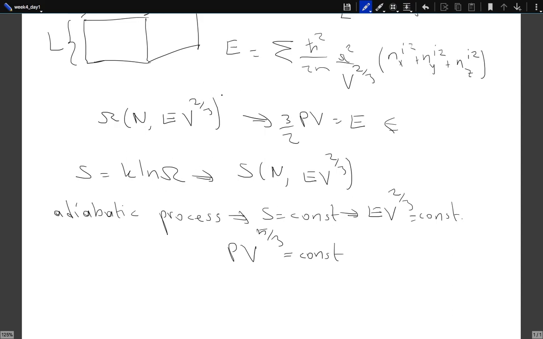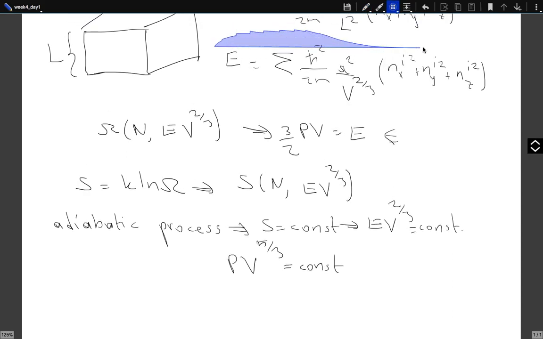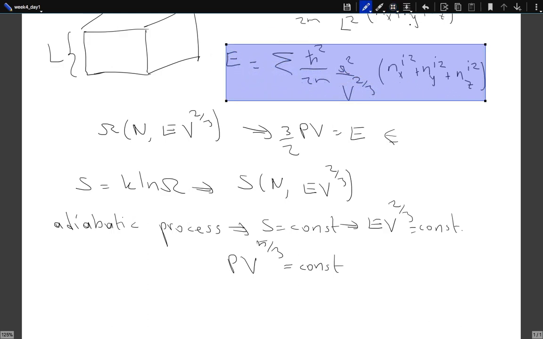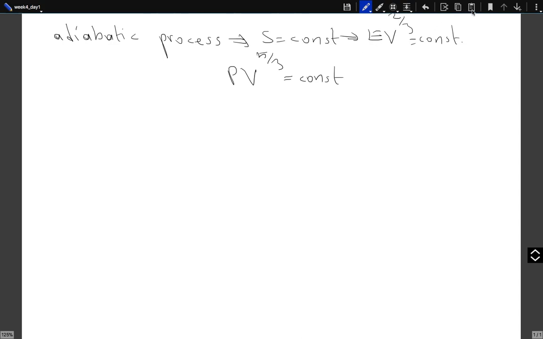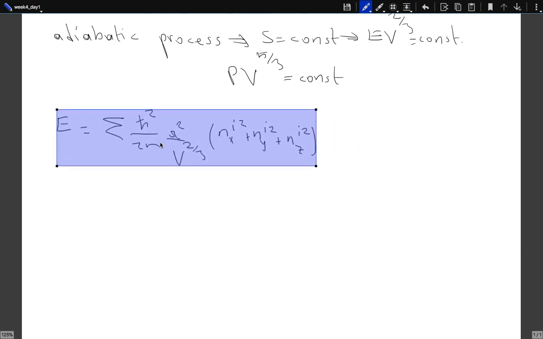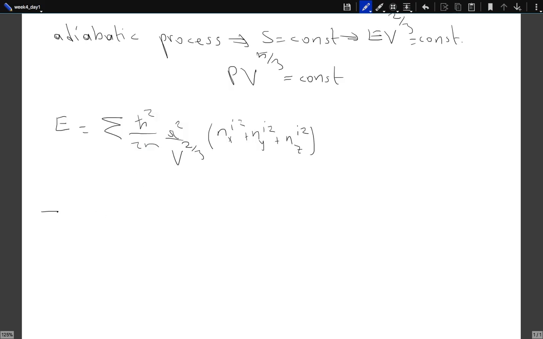Now let's try to calculate this omega explicitly. Now this is the equation that we will have. We are basically asking how many solutions does this equation have? Or let's write it in a slightly different form.